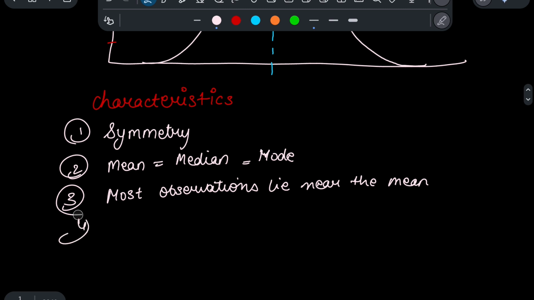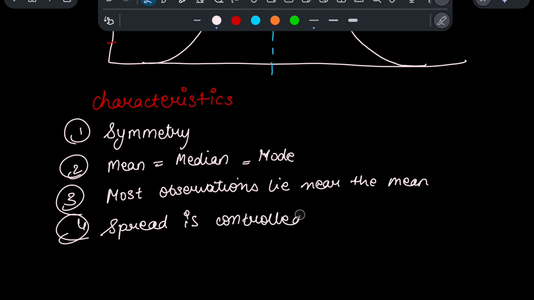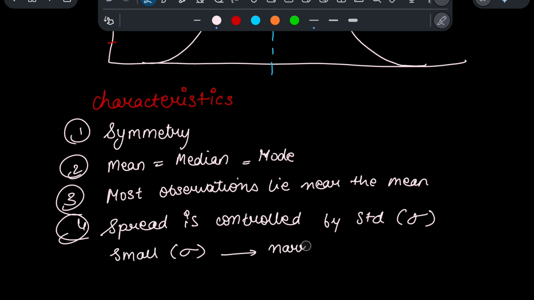The spread of the normal distribution is controlled by the standard deviation, which is often referred to as sigma. And you would ask, how? If we have a smaller standard deviation, then this is a narrow curve, and if we have a large standard deviation, then the curve formed would be a wider curve.